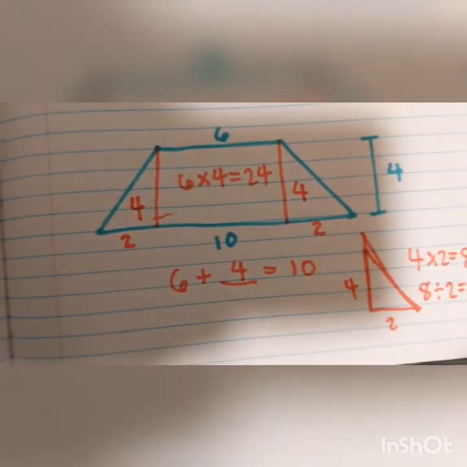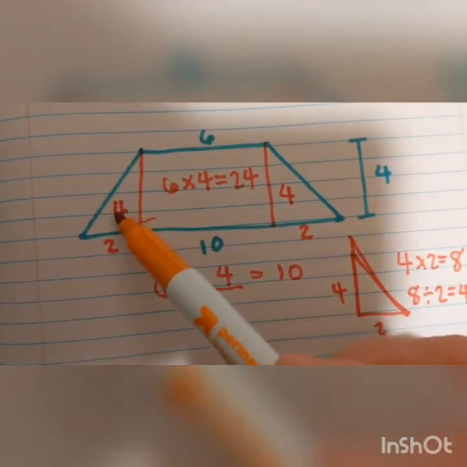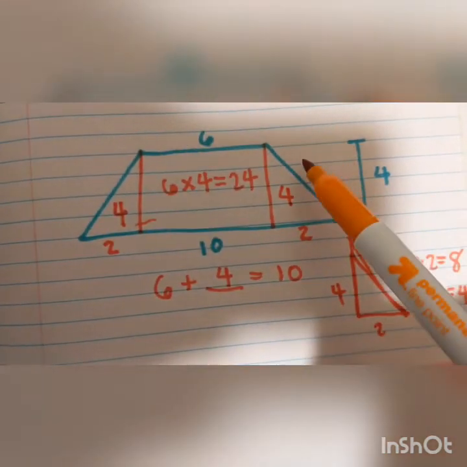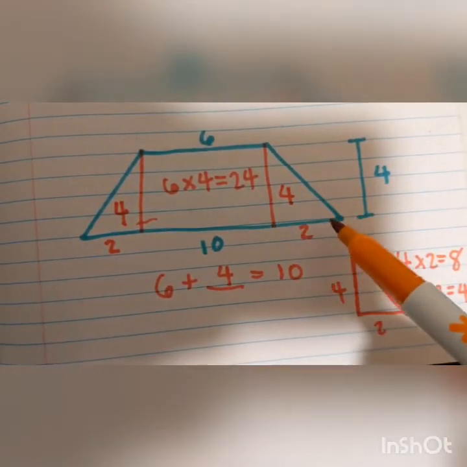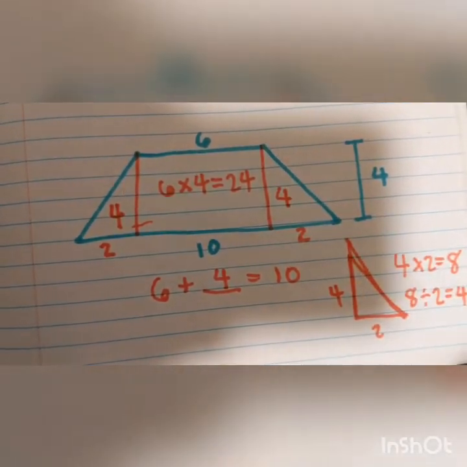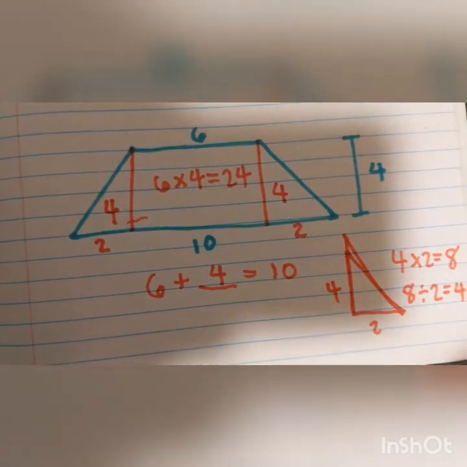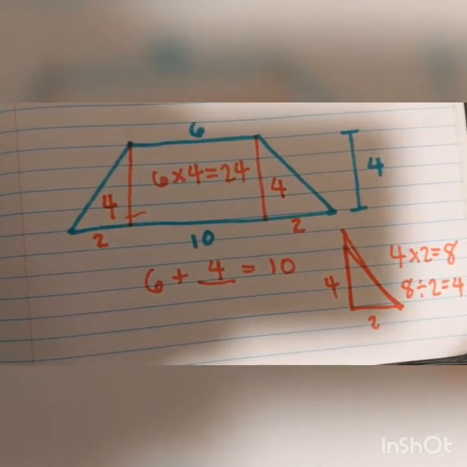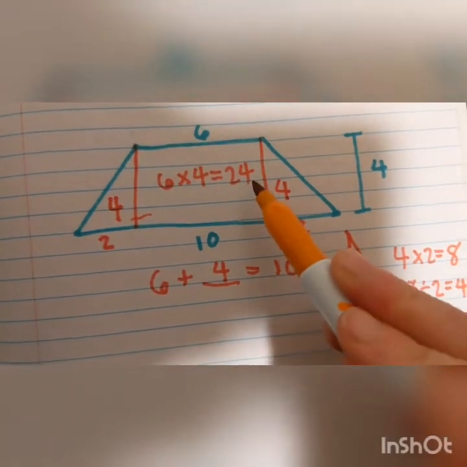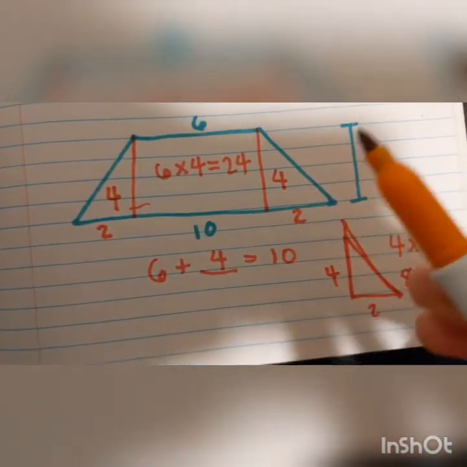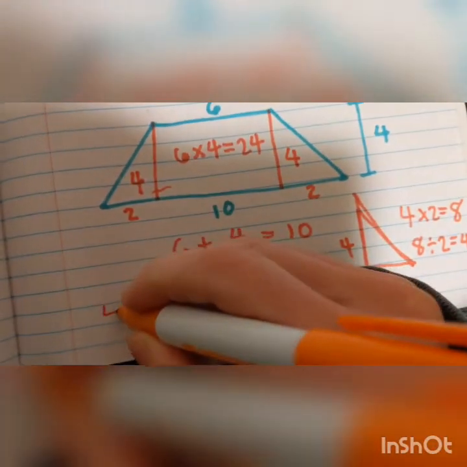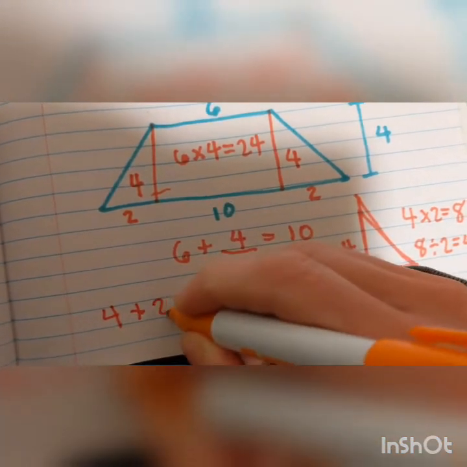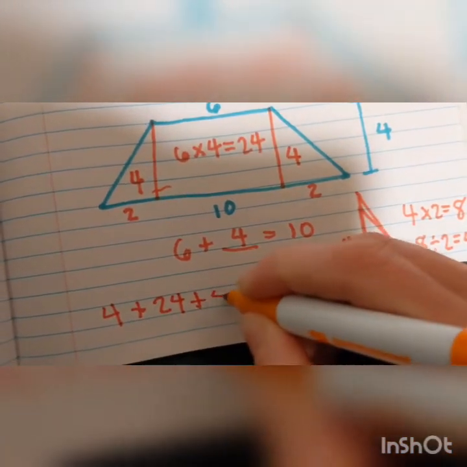Another kind of fancy way that you could have done it if you want to is think about cutting this one off and flipping it onto this side and having one big rectangle. So if you decided to do it that way, that's kind of a shortcut, so that's awesome. You should get the same answer. So now we have each piece and we can add together the areas. 4 plus 24 plus another 4.